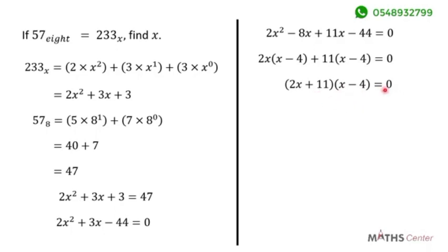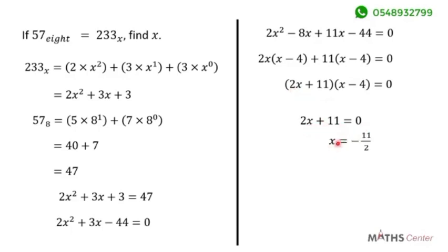Both of them are equal to 0. So it means that either the first one is 0 or the second one is 0, or both of them are 0. So to find x, we will equate the content of the first bracket to 0, and then after that we will equate the content of the second bracket also to 0. So for the first bracket, we will have 2x plus 11 is equal to 0.